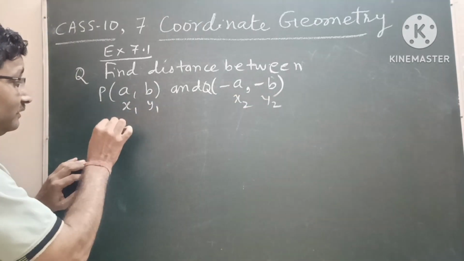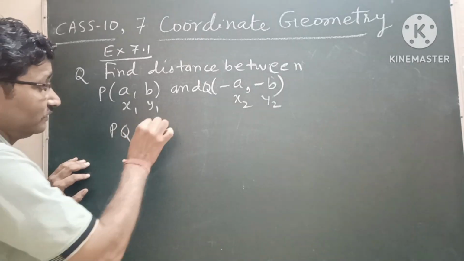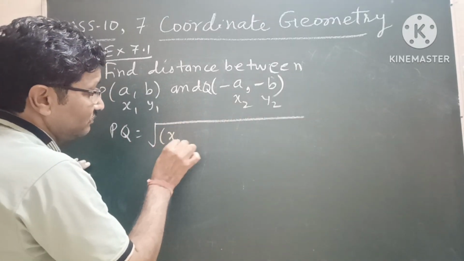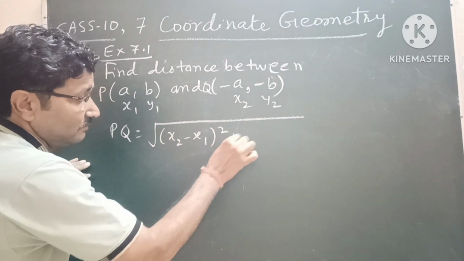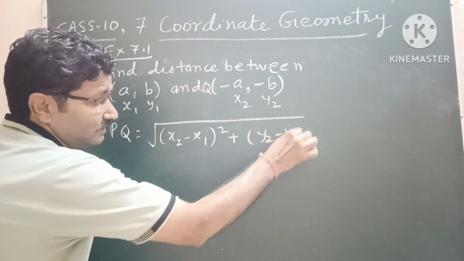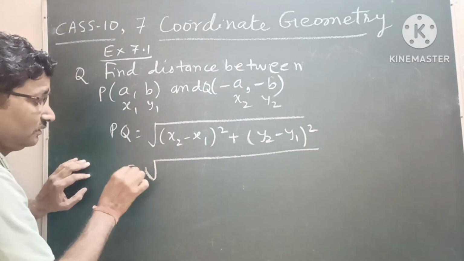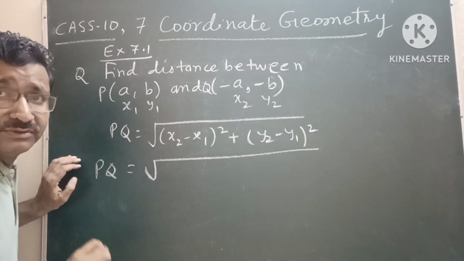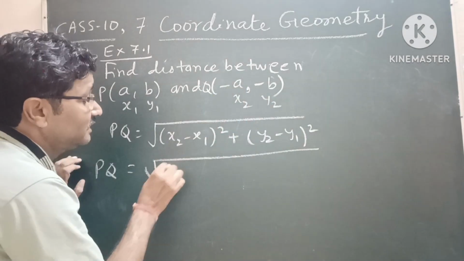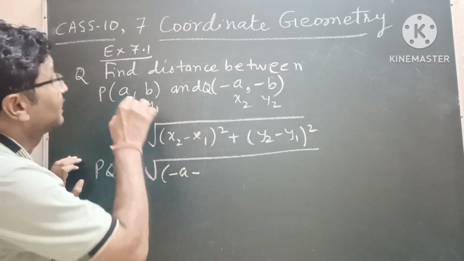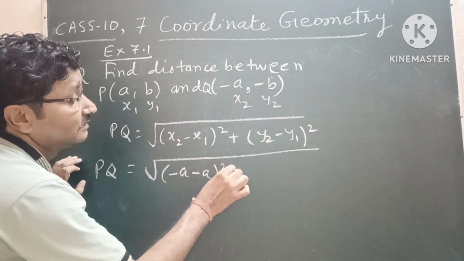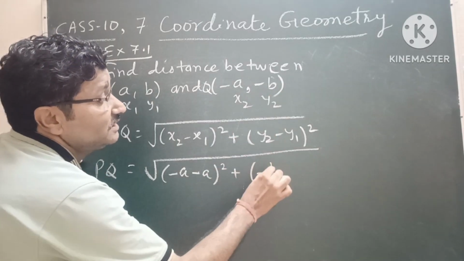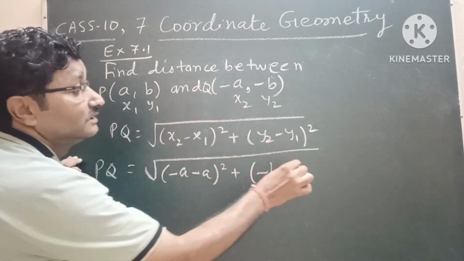Okay, now we write the formula: PQ equals root of x2 minus x1 whole square plus y2 minus y1 whole square. Now x2 is minus A and x1 is A, plus y2 is minus B and y1 is B.